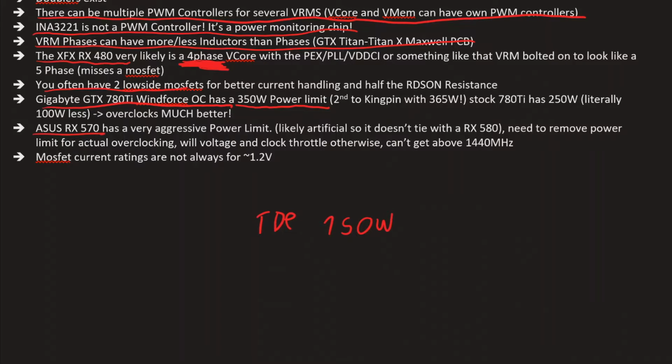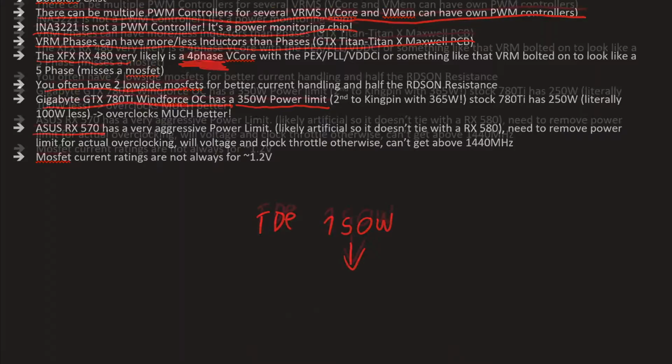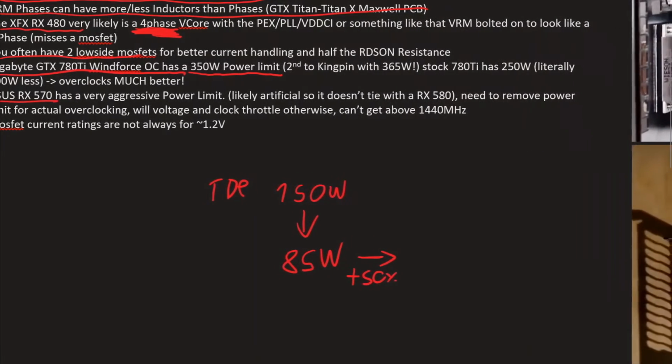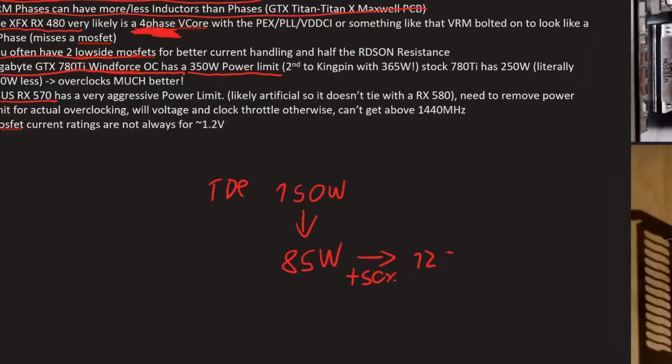It also factors in all the other things on the graphics card that consume power, like your VRAM, your memory controller, your phases, basically. So for example, my card, my RX 570, only has 85 watts for the GPU, and even if you put 50 extra % of power into the GPU, which the BIOS allows you to, you end up at 120 watts.